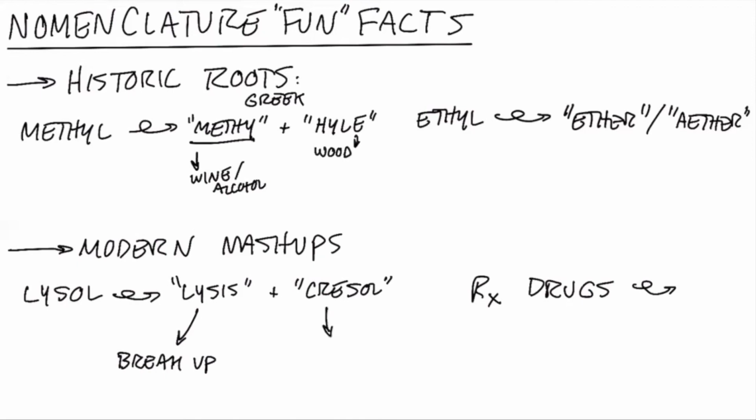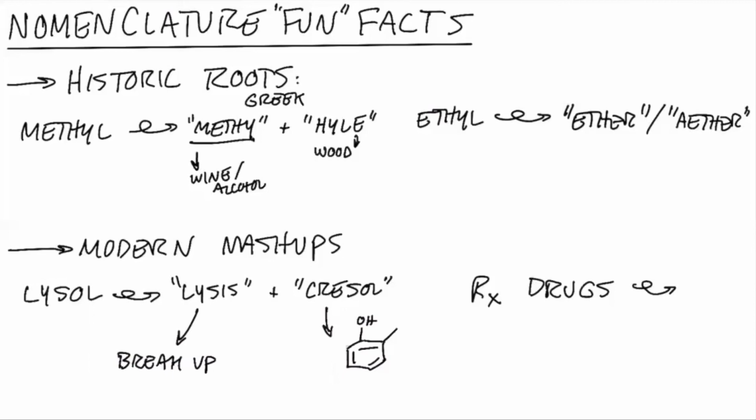I'm not exactly sure how you pronounce that one, but this is a group of molecules that look like this. You don't need to know this. Again, just a fun fact. Molecules that look sort of like this were a component of the original Lysol formulation. So the idea being that they're using these cresols to lyse or break up and remove dirt as a cleaning agent.